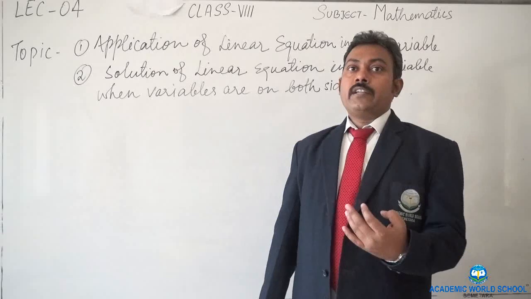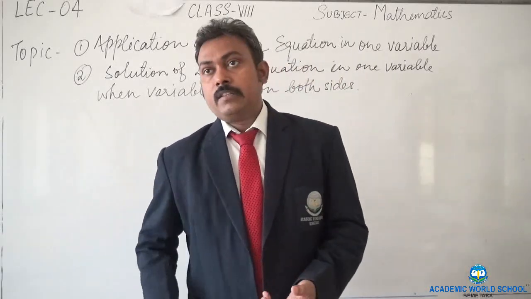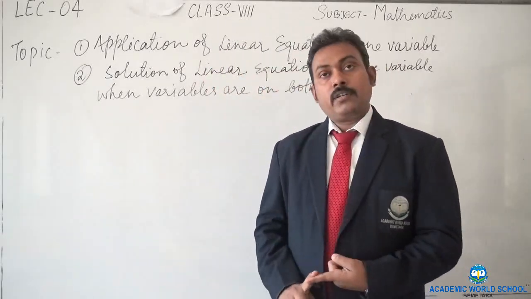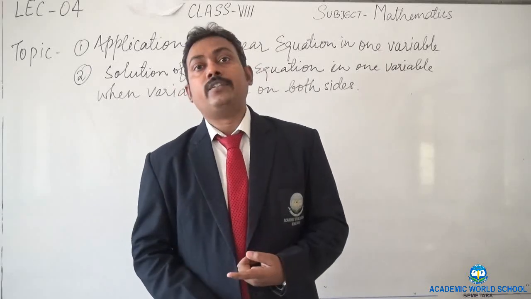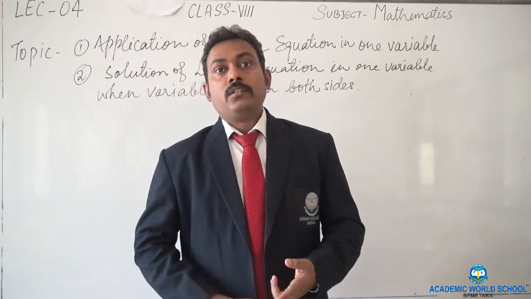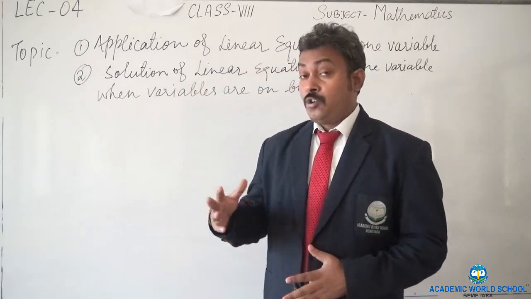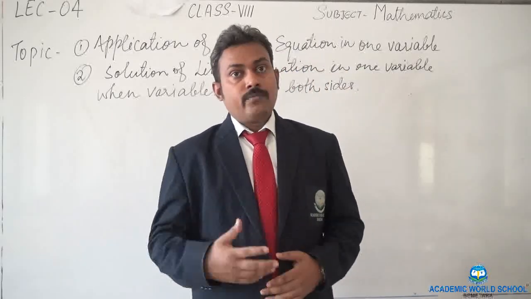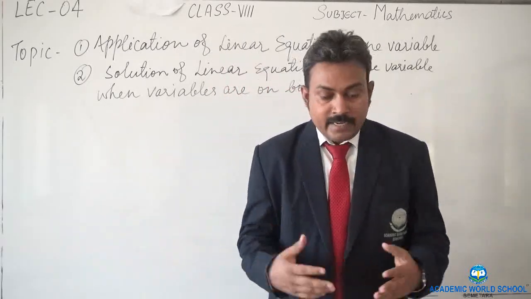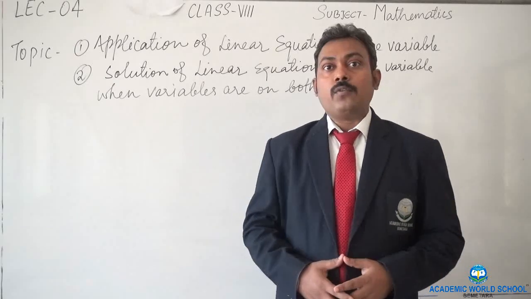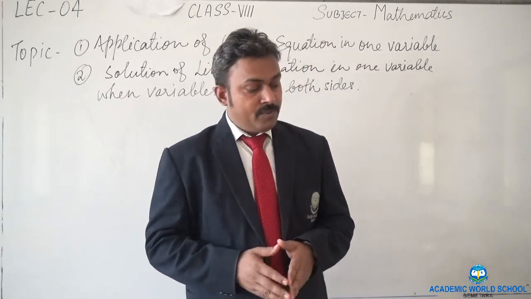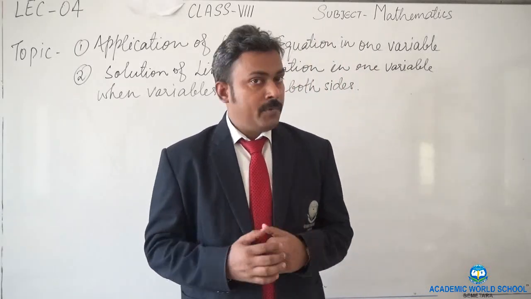We categorized it in four different types. The first was the problems related to numbers. The second was the problems related to geometry or mensuration. The third was problems related to ages, and the fourth is the problems related to money denomination.